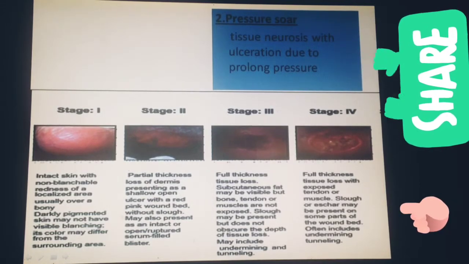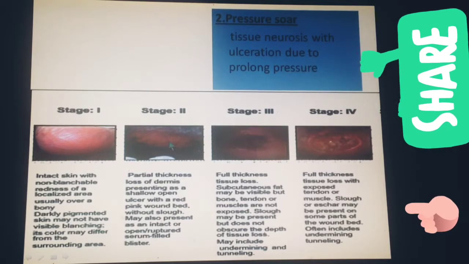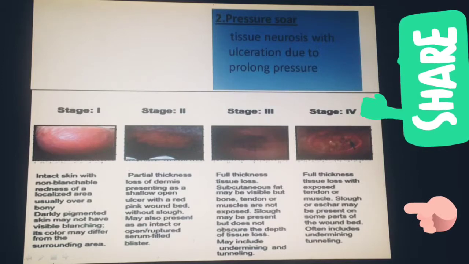In the second stage, after some time there is partial thickness loss of the dermis. This presents as a shallow open ulcer with a red pink wound bed without slough. In the third, there is full thickness tissue loss, and the subcutaneous tissue may be visible, but the bone, tendon, or muscles are not exposed. In the fourth stage, there is full thickness loss with exposed tendon or muscle.